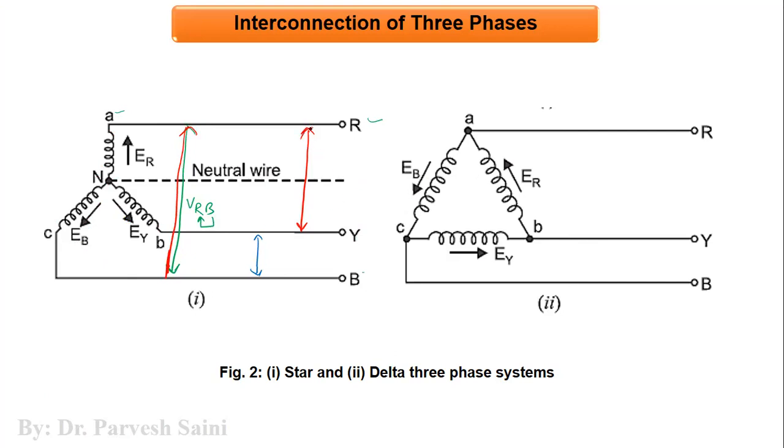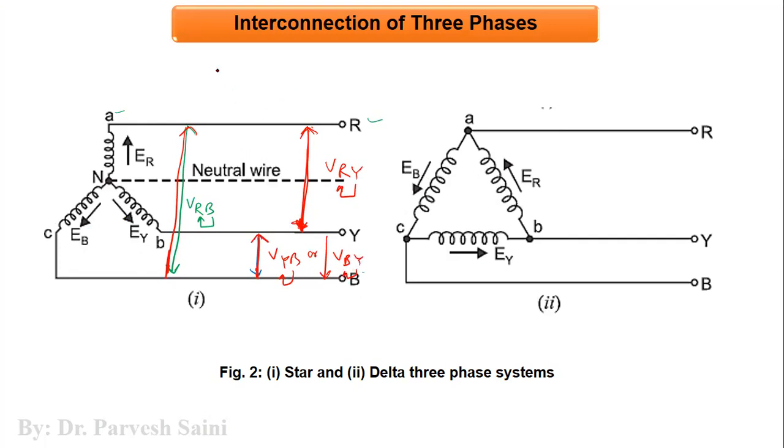Similarly, if it is from Y to R, the direction is VRY. Similarly, if it is B to Y, it is VYB, or if it is from Y to B, it is VBY.